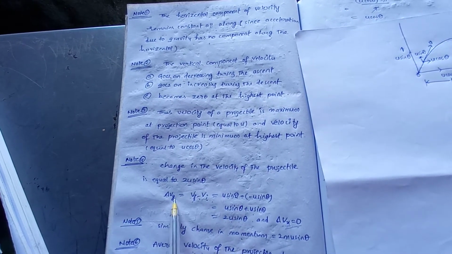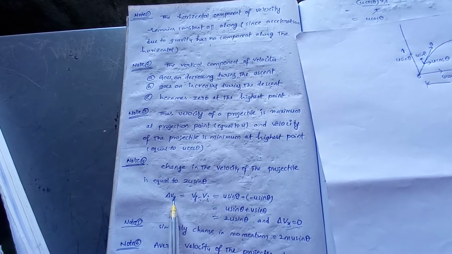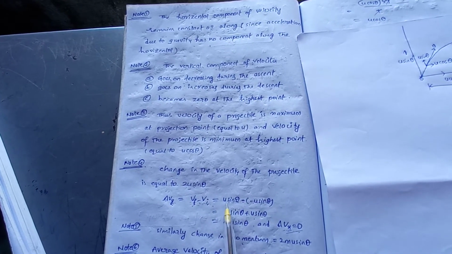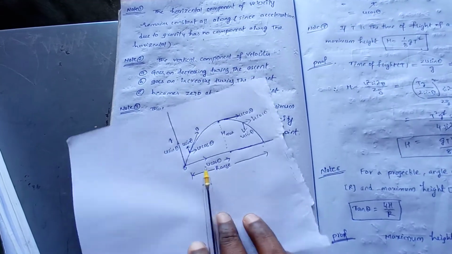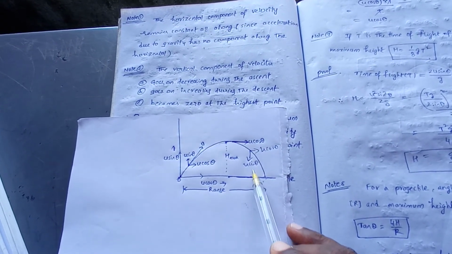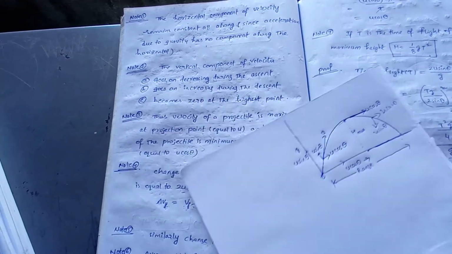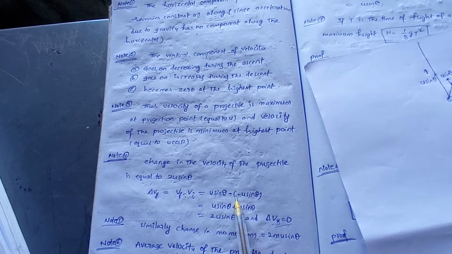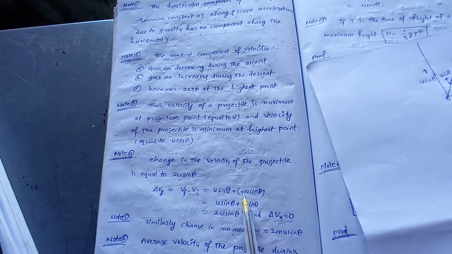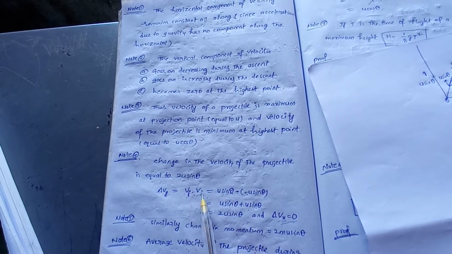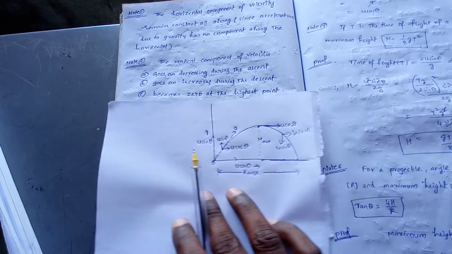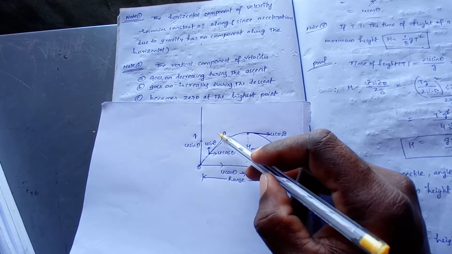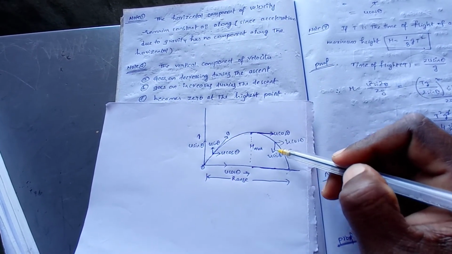So what is delta Vy? The change in velocity, Vf minus Vi, the final velocity minus initial velocity. So what is the final velocity? Minus u sin theta. So it is minus u sin theta minus u sin theta. Why is it minus? Initial velocity and final velocity directions are different. Initial velocity direction is upward, final velocity direction is downward.